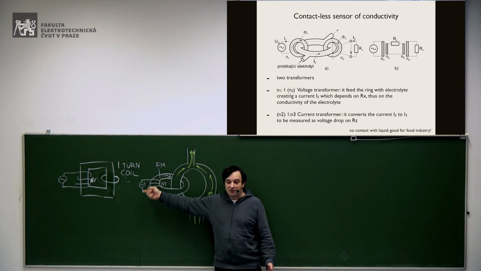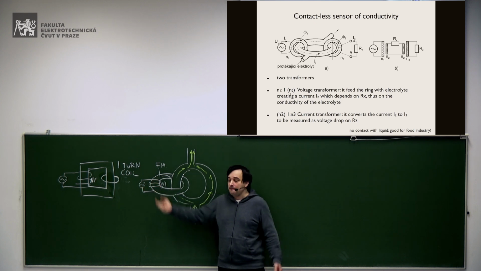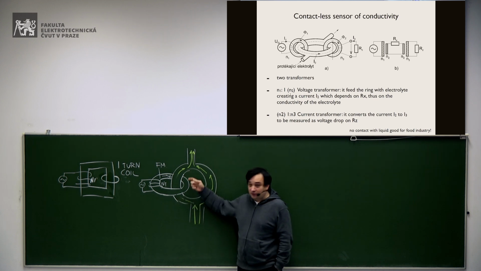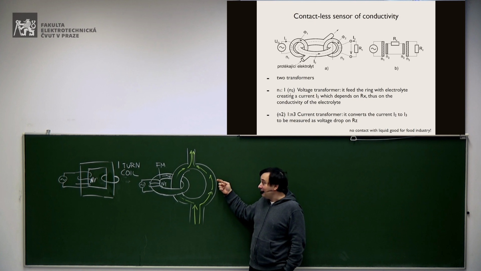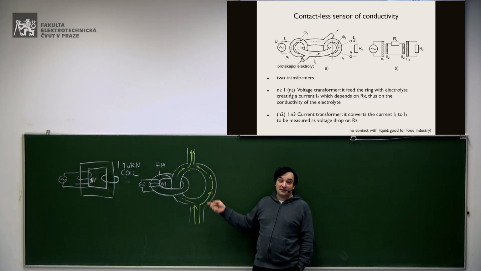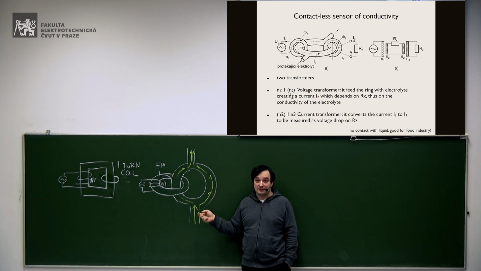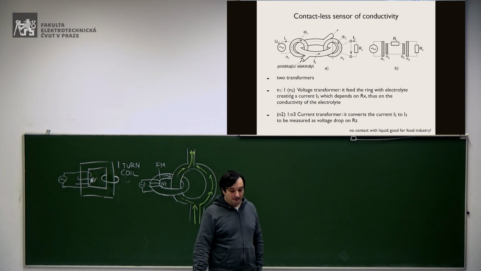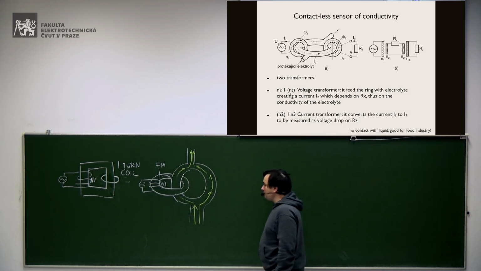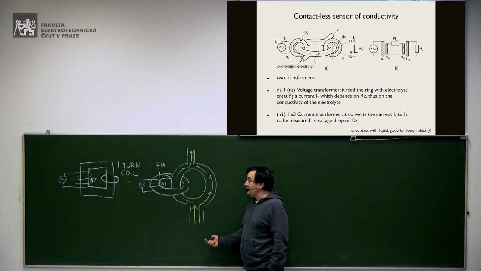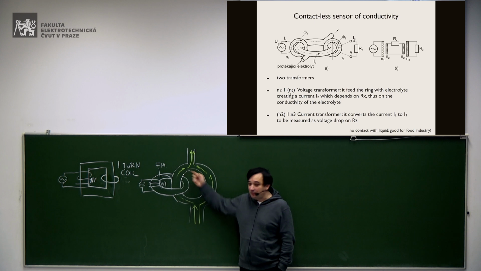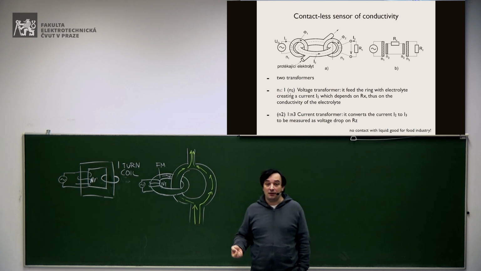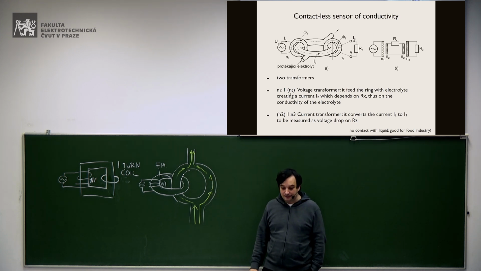Of course, if we don't change the voltage at the entrance of the first transformer, the current will always be the same unless you change the resistance of the electrolyte, which composes the one-turn coil at the secondary of this transformer. Basically, the current that you have here depends on the resistance of the electrolyte, and therefore it depends on the conductivity of the electrolyte, okay?